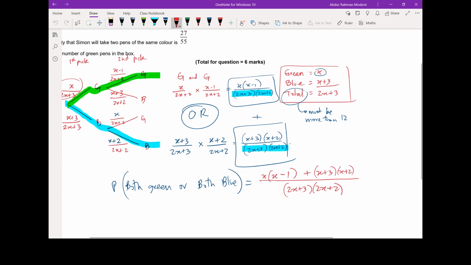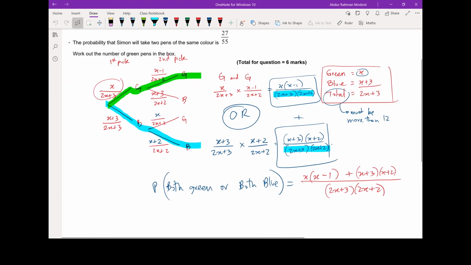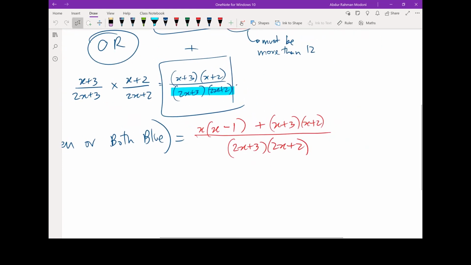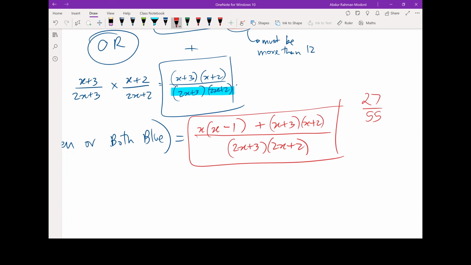So now we can look at what else that sentence said. It said the probability that the two pens are the same color is actually 27 over 55. Since we found the probability of the two same color is this, and we also know that it is 27 over 55, we have got the same probability written in two different ways. When you have two same things, in maths we can use the word equal.